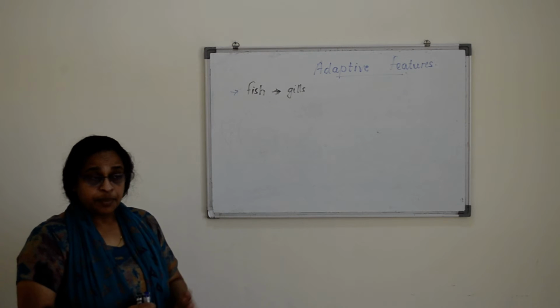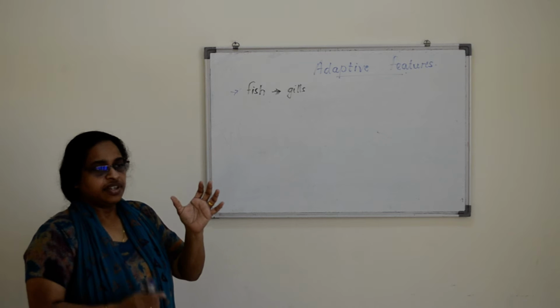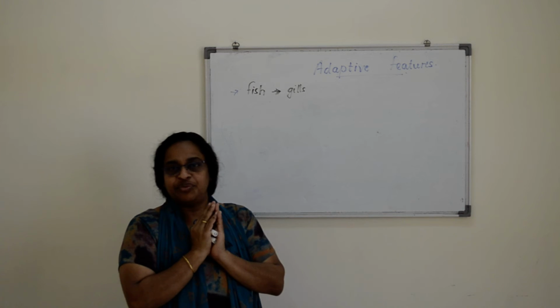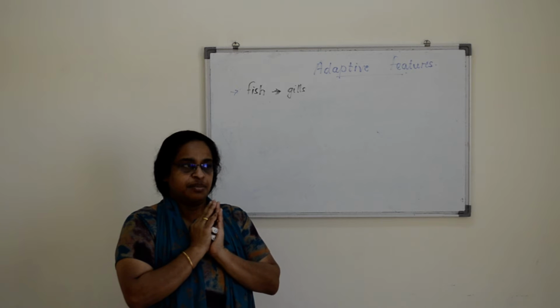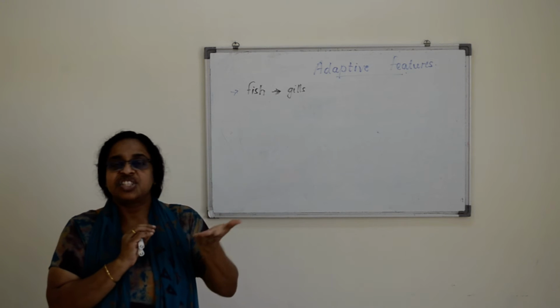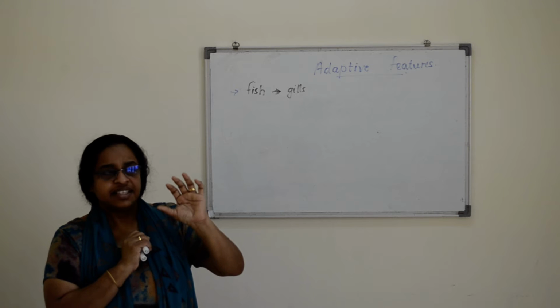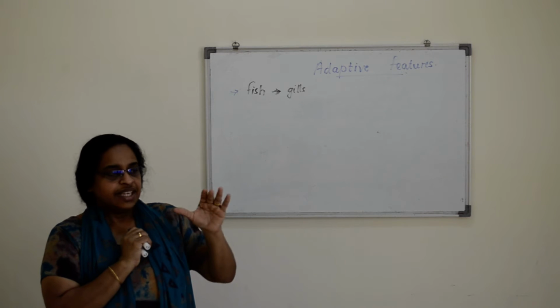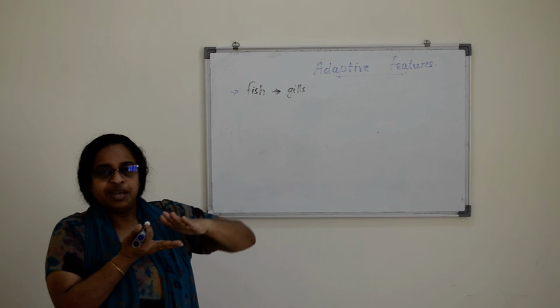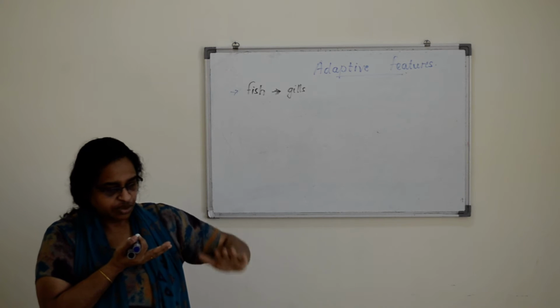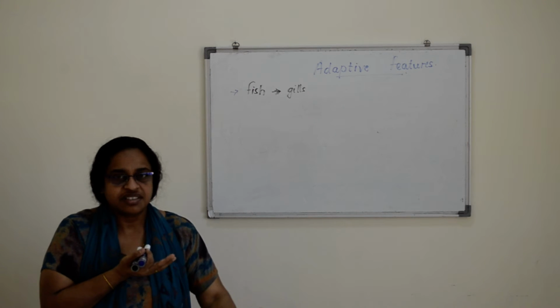But some fishes, like they are well fitted to that particular environment. For example, fish that are living in shallow water. Okay, shallow water means the water is less. In shallow water, their body shape will be flat, and since shallow water means you can see the sand, the depth is less.